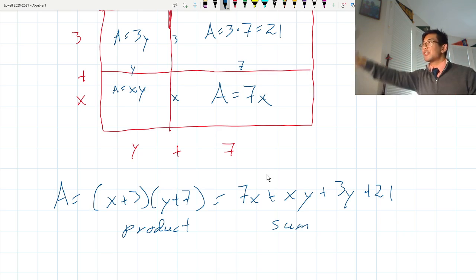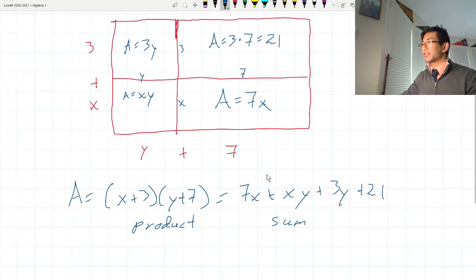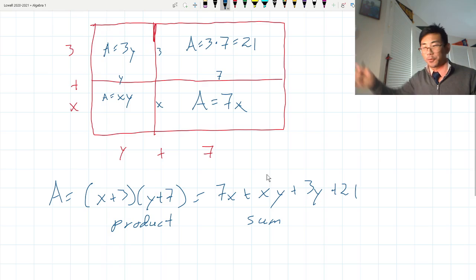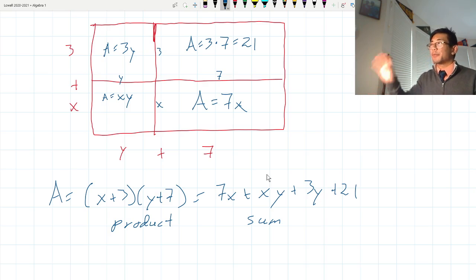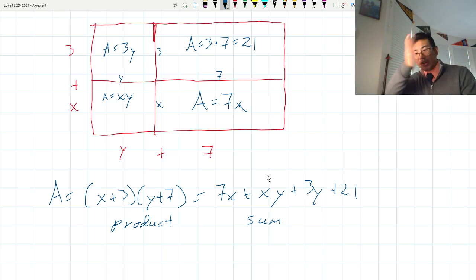This process, using this visual, has a name, and the reason I'm telling you the name is that if this video isn't helpful to you, you can maybe look it up somewhere else. It's called a generic rectangle, because I didn't bother drawing in all the algebra tiles, but it works either way.